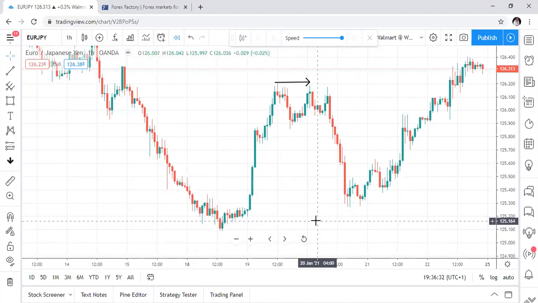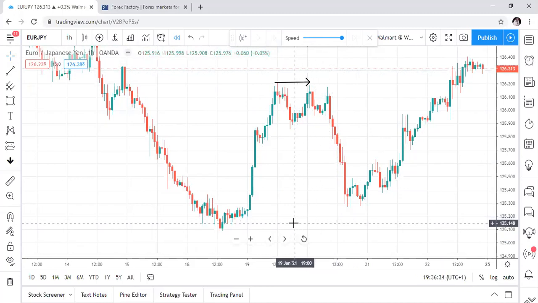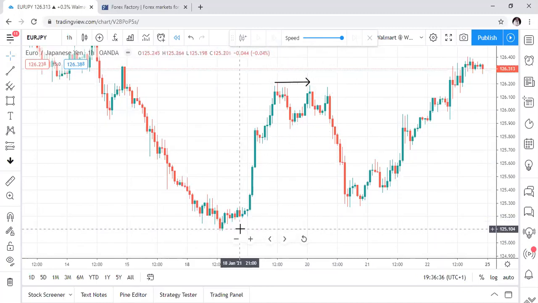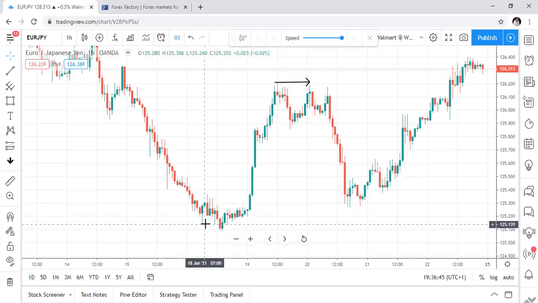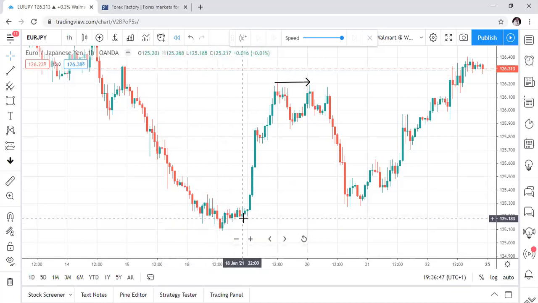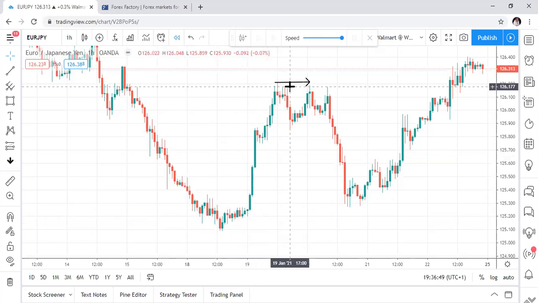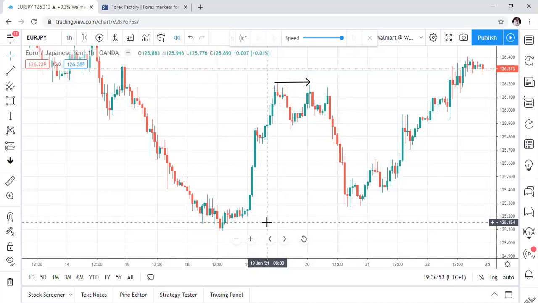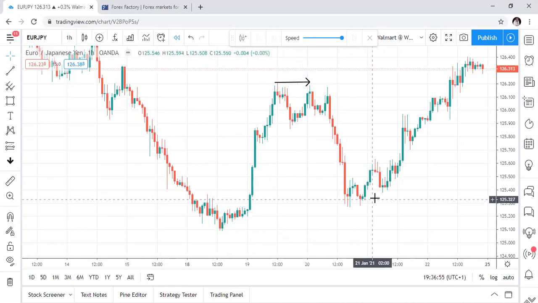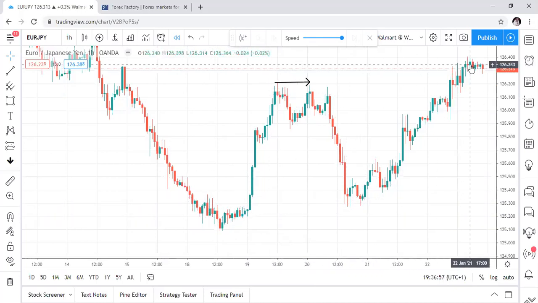This is the 19th, this is the 18th. Here was taken out, right? The low of this place was taken out and market grabbed upward. It pulls back to this place. So this is QML.